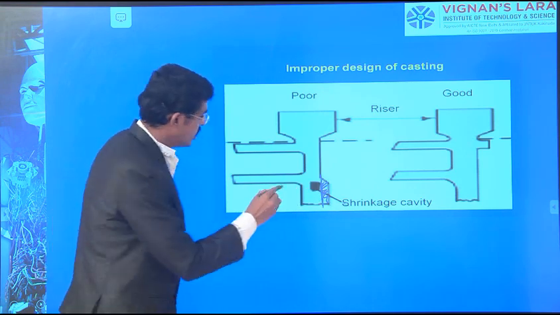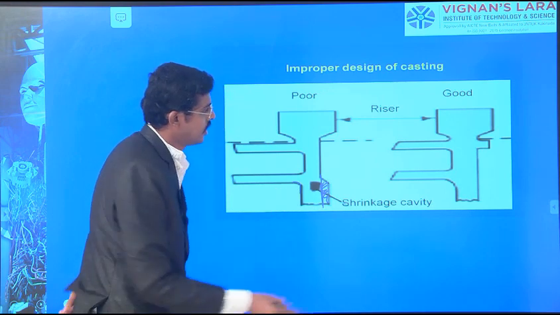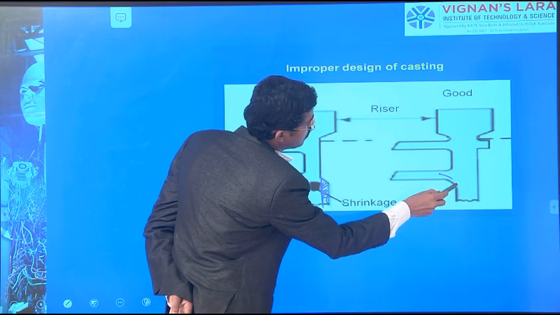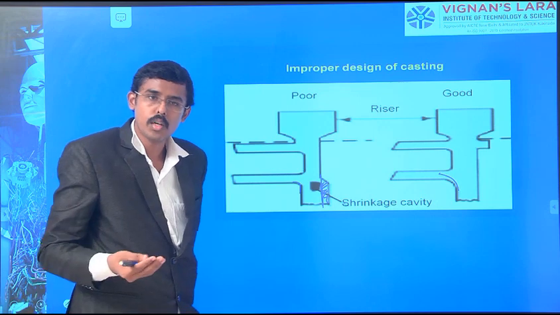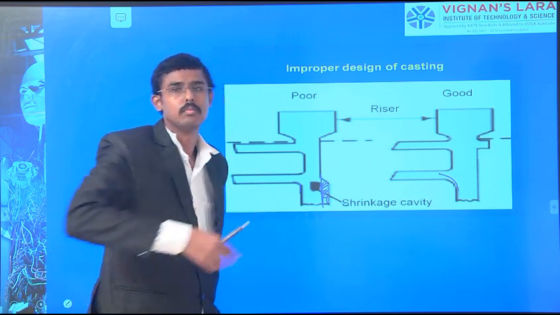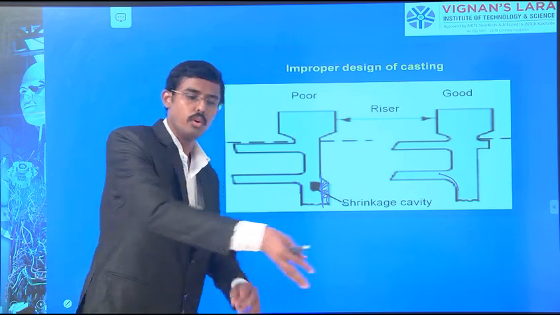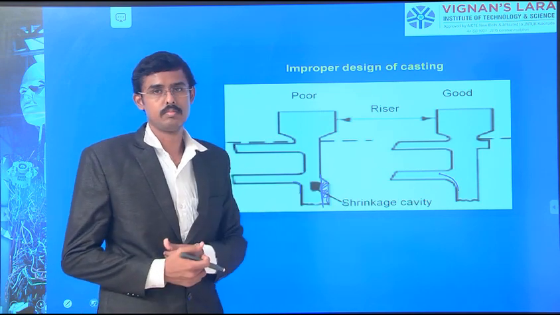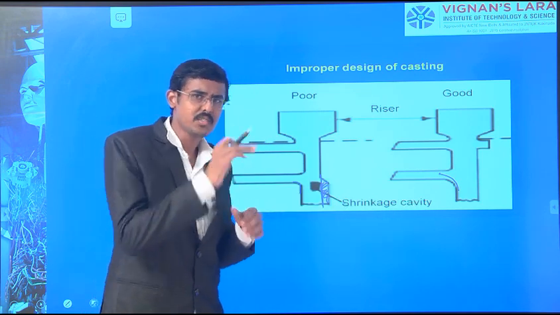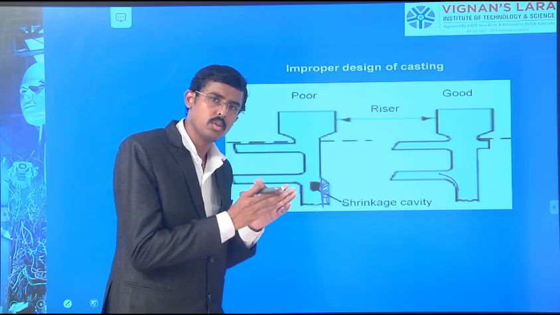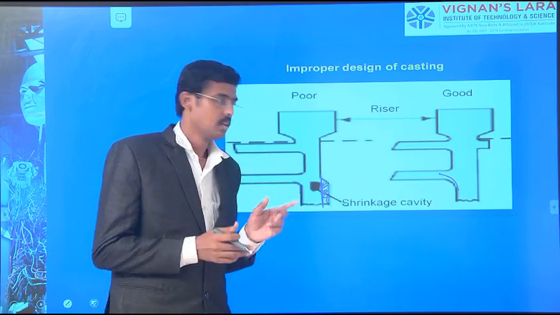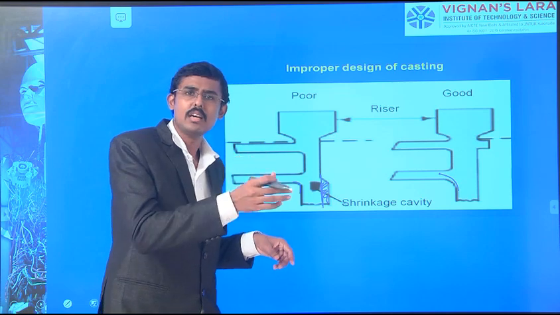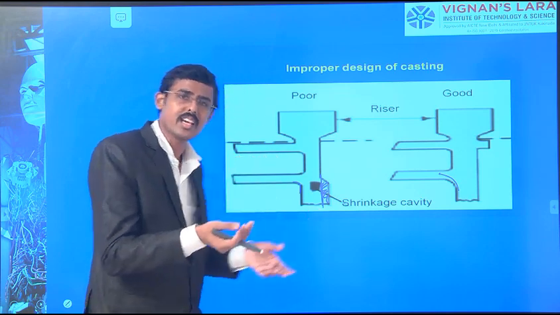Instead of this sharp corner, I have made a curved path here. In such a way, the molten metal will flow smoothly. Right? Therefore, we can do like this. Such design ideas we should use. Even though as per design we need it, some smoothing, some changes to the riser can be made, so in such cases we can do that.